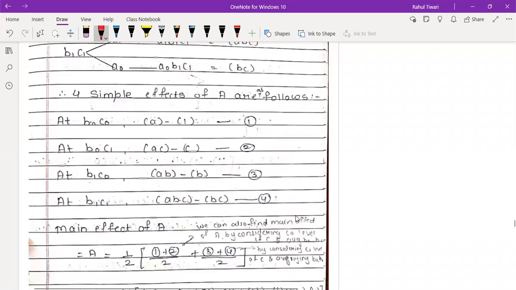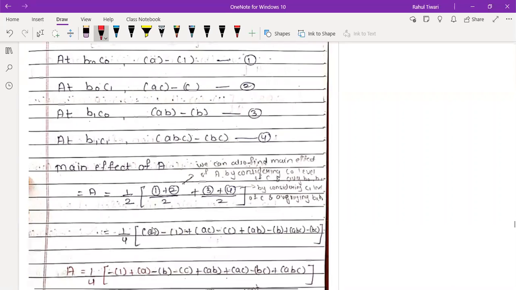And to get the effect of A again, we have to do this plus this. Can you understand? 1 plus 2 divided by 2 and 3 plus 4 divided by 2. This will always give us the main effect of A. Remember, are you getting my point? Once I substitute all these values, you may get this expression.